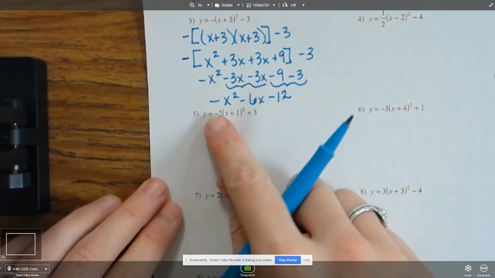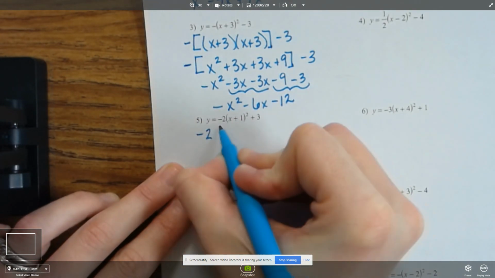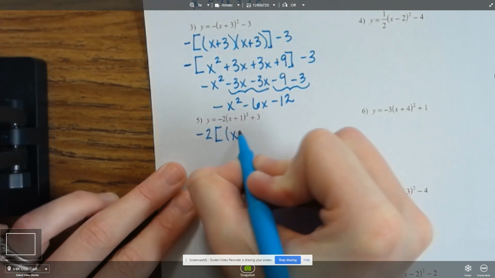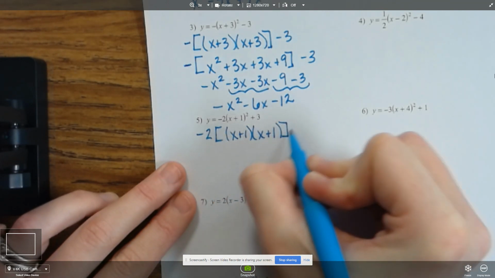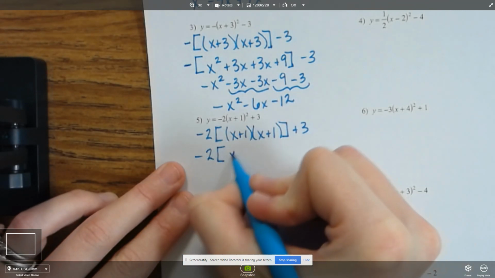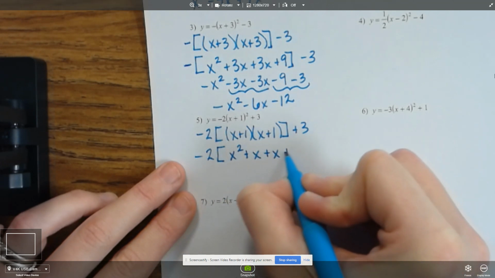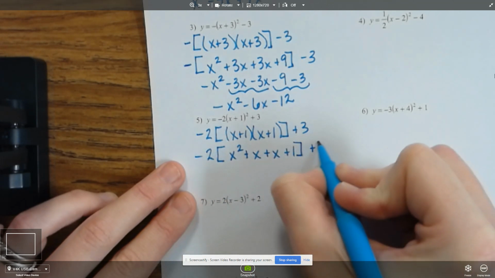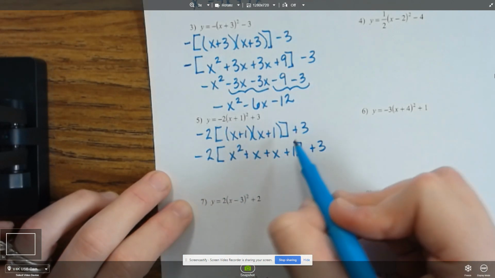And then sometimes you have a number outside and you would do the exact same thing. So this time it's a negative 2. But I can still FOIL what's being squared. So this would be x squared plus x plus x plus 1 and then plus 3. In this case, I'm going to multiply a negative 2 by everything.